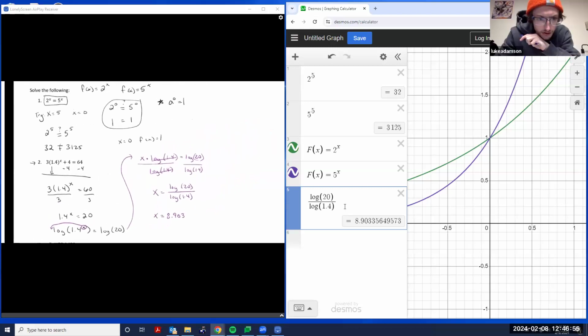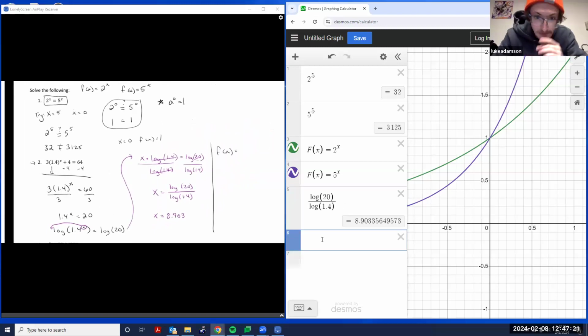You could use... would you put f of x is 1.4 to the 8.903, or is that not right? That would help us to check if it equals 20, so we could try that.